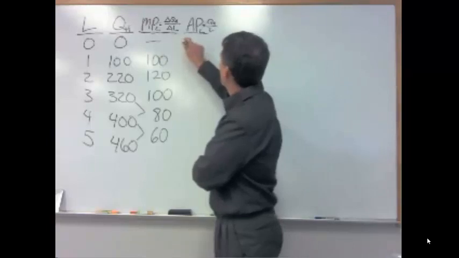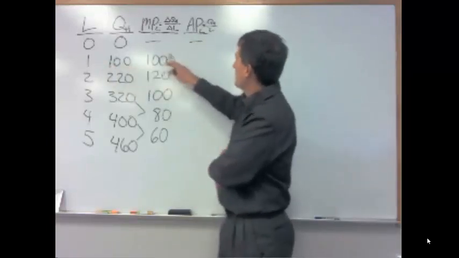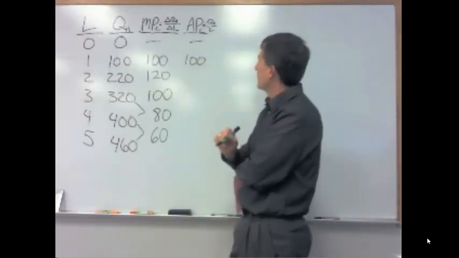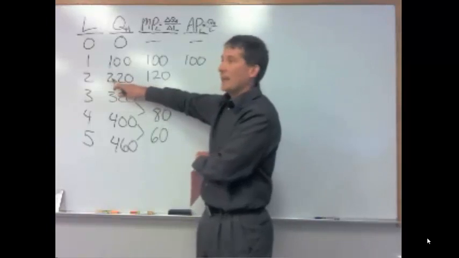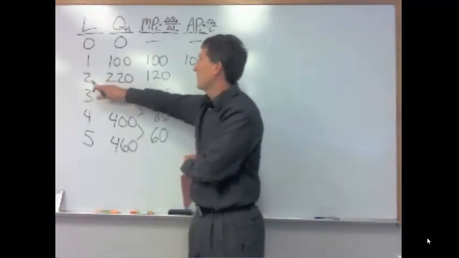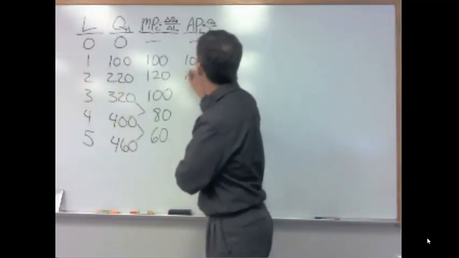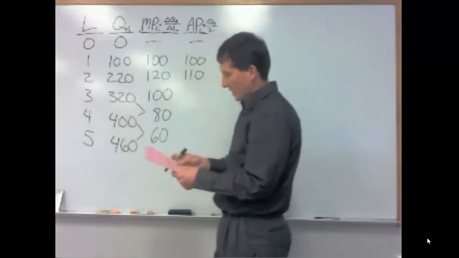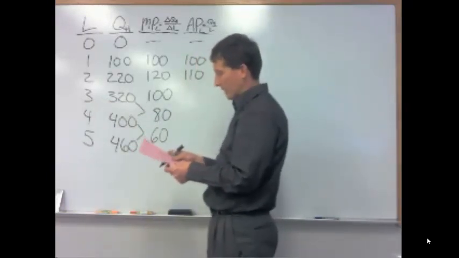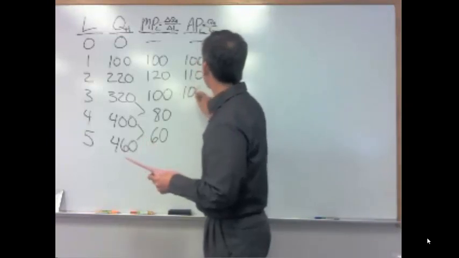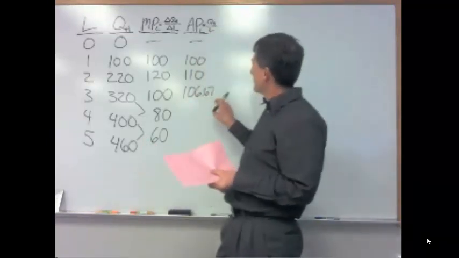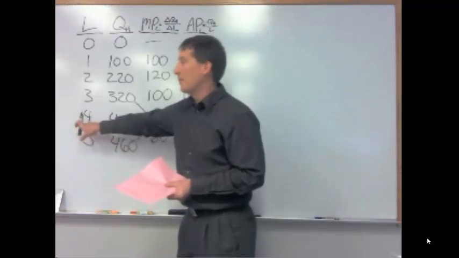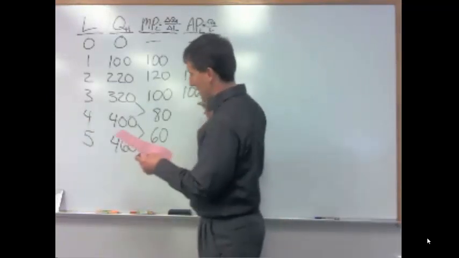So again, 0 is undefined. 1 person making 100 gives me an average product of 100 per person. 220 hamburgers being produced gives me an average of 110 per person. 320 units gives me an average of 106.67, 106 and 2/3 of a hamburger. 400 divided by 4, we're back to an average of 100.